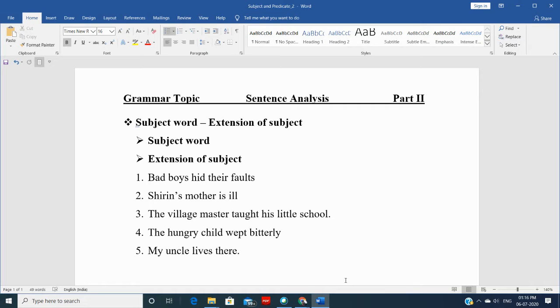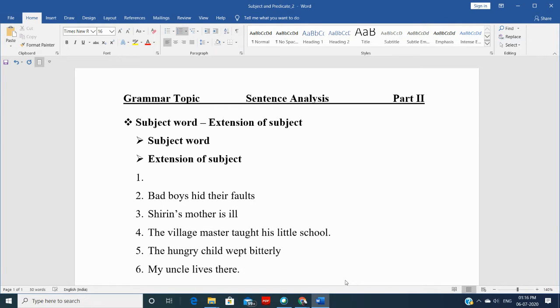So depending on that, now let's understand one more topic, that is subject word and extension of subject. Before I give you the explanation of that, let's see some examples. From the examples themselves, we'll understand what we mean by subject word and extension of subject. All right? So let's begin.